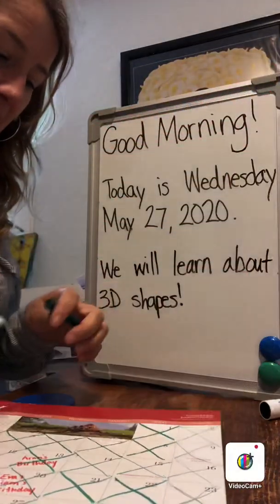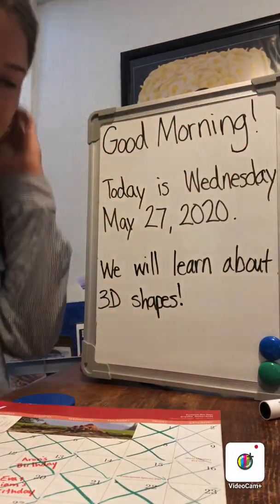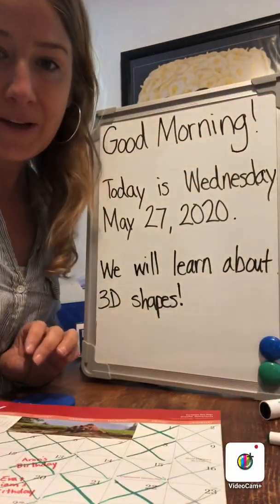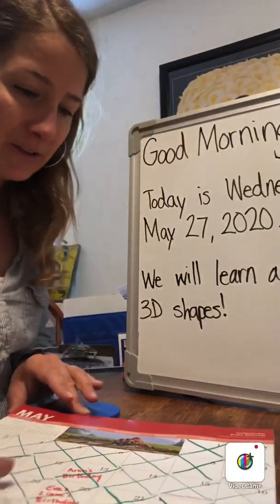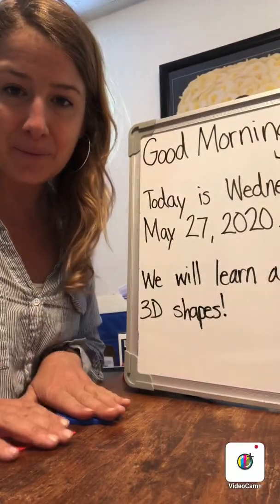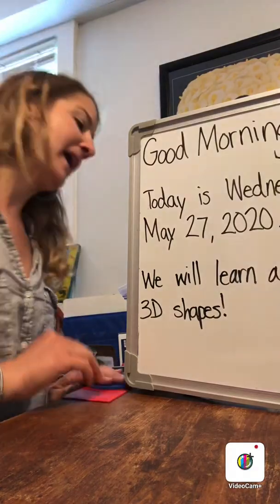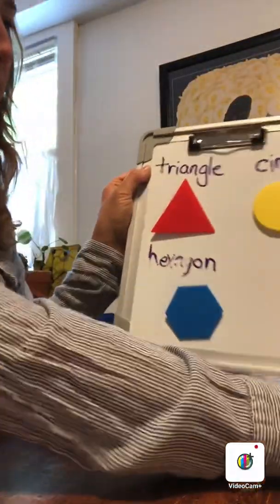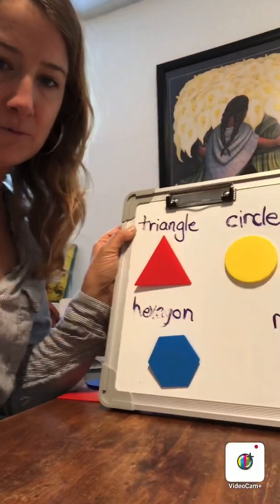Okay. And last week we worked on shapes, the names of shapes, and what they look like, and how many sides they have, and how many corners or vertices they had. And the ones that we covered were, some of them have gotten a little bit rubbed off.